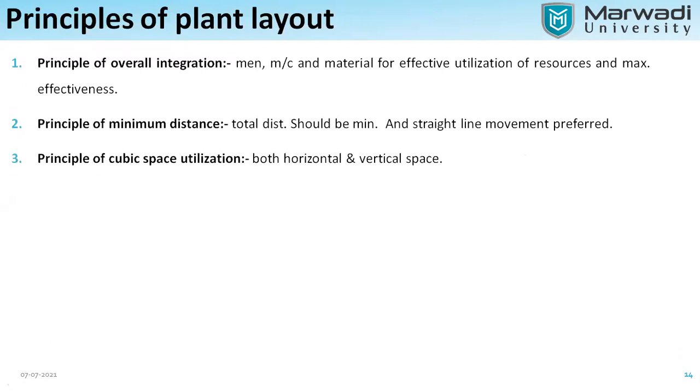Principle of cubic space utilization, both horizontal and vertical space. You should maintain your specification so that all your activities are done in horizontal or vertical space, and you can cover all your things in a proper way.